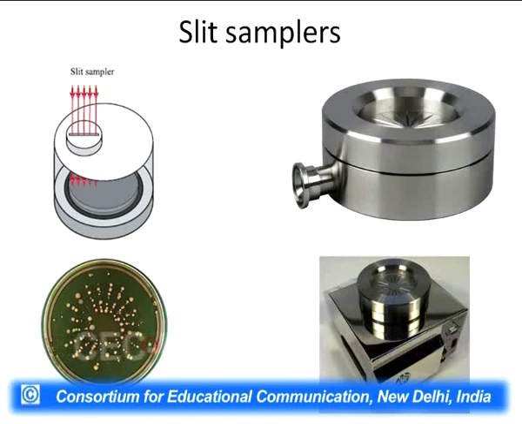In the first left picture there is a combination of two things: one is a dish having a narrow slit, and just below that we have the agar plate or the medium where the particles are supposed to be collected. The exact picture of the sampler is given in the top right picture.